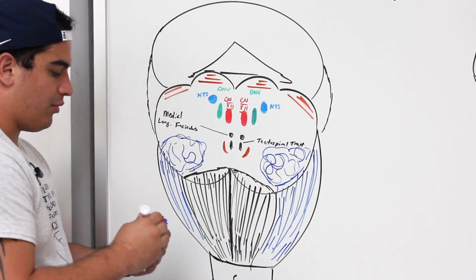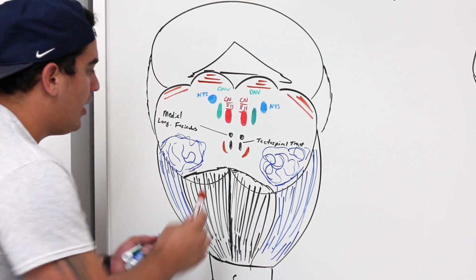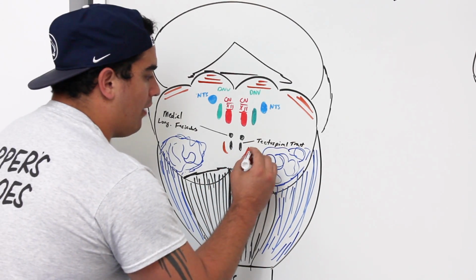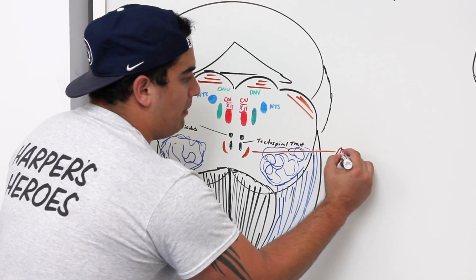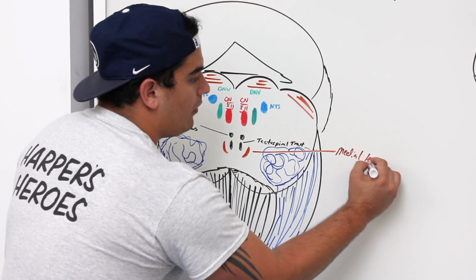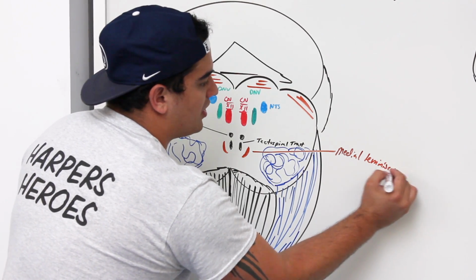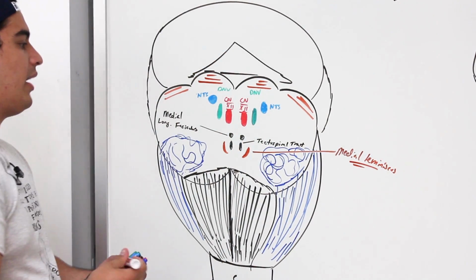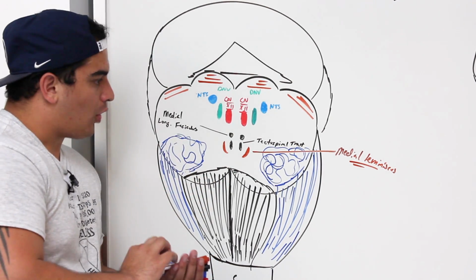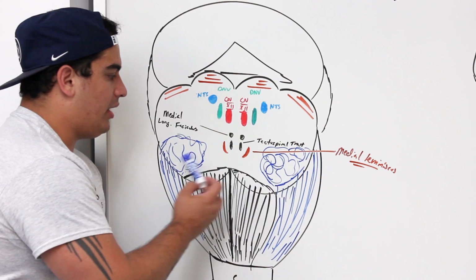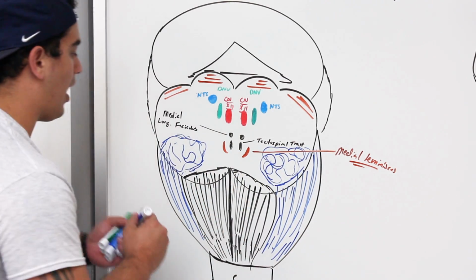And then these little brown structures right here are part of another tract, which you guys are going to be learning about soon, called the medial lemniscus, which is an ascending pathway, primarily from the dorsal column pathway. Then, over here, these blue structures are going to be the olivary nuclear complex.